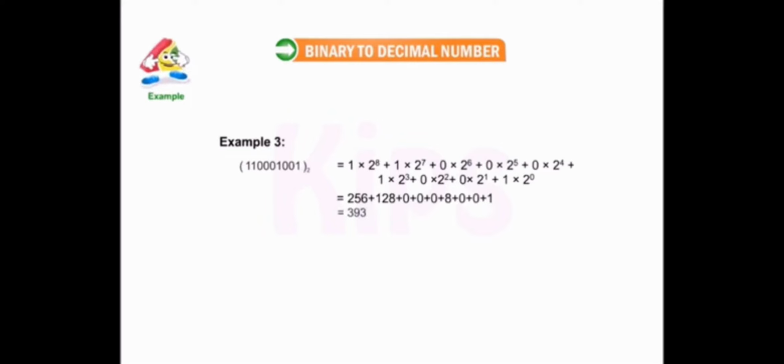That is equal to 393. Thus, 1100010001 in binary can be written as 393 in decimal.